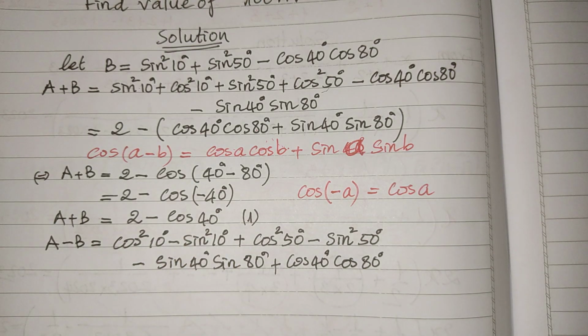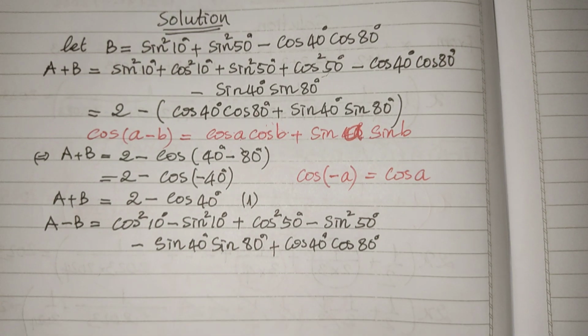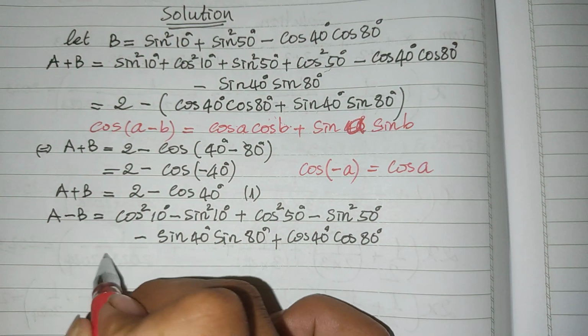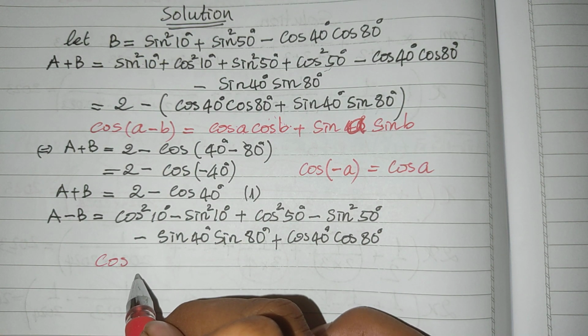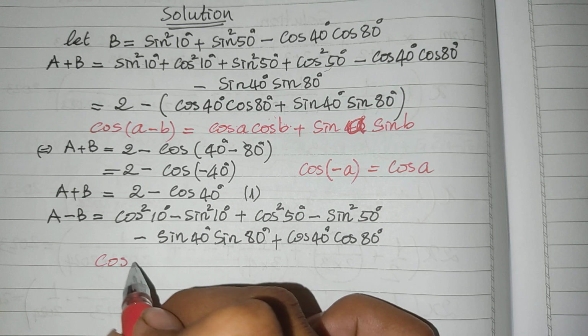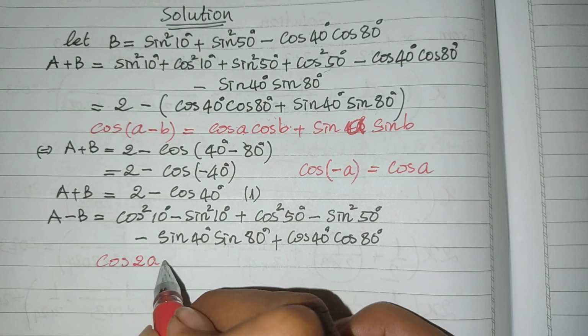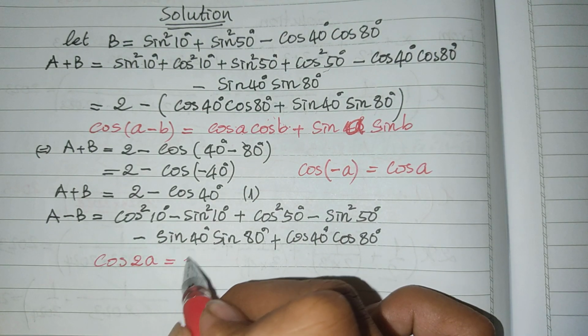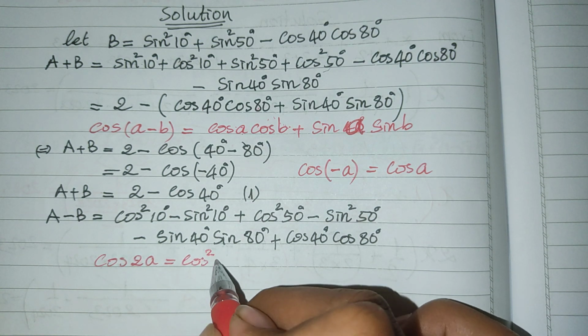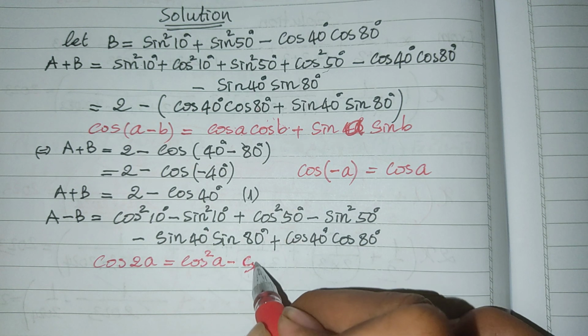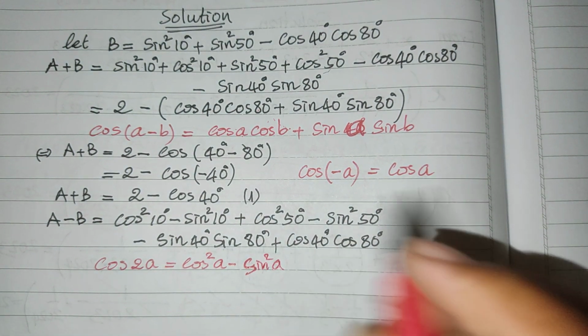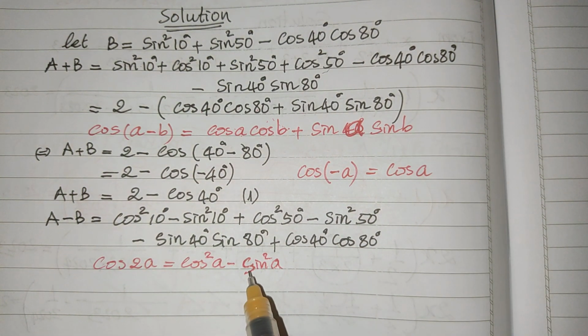And now we use the formula that we know: cosine of 2A equals cosine squared of A minus sine squared of A. So now we use the formula.